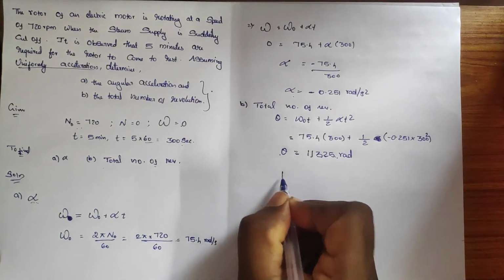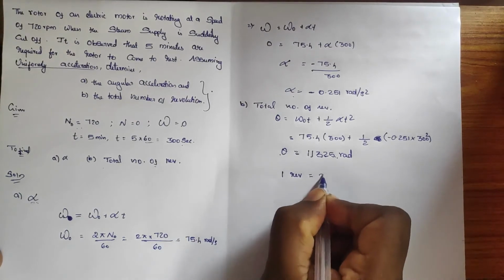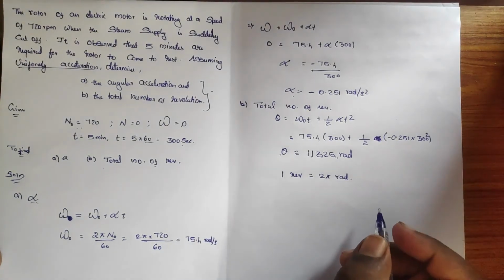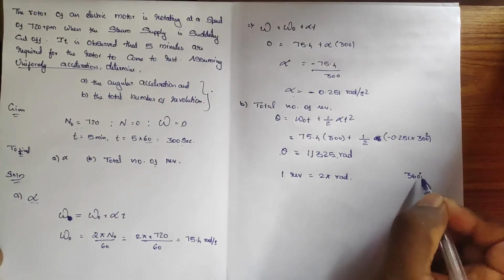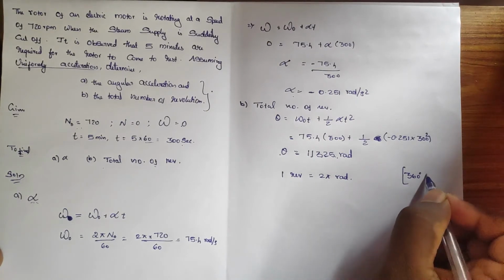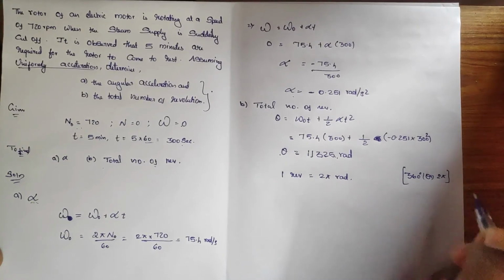Why? Because one revolution is 360 in terms of degrees, and in terms of radians it is 2 pi.